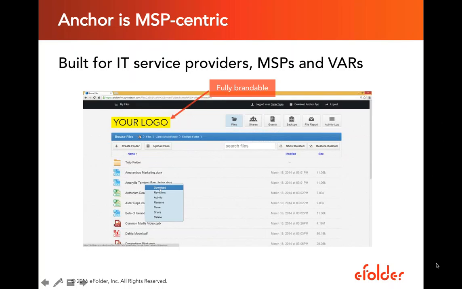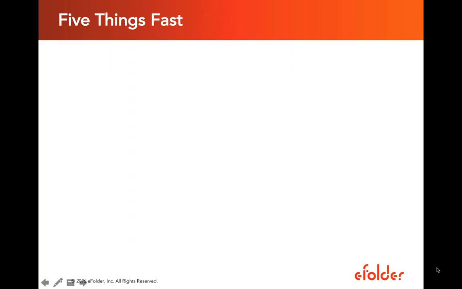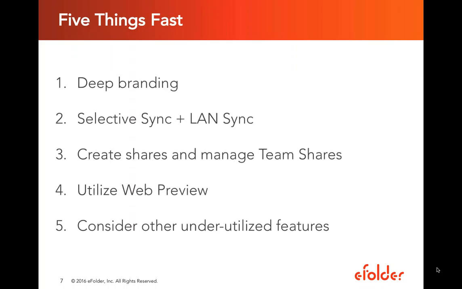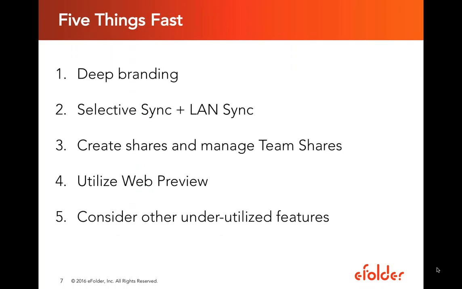Let's go ahead and cover the 5 things fast. Here are the 5 things that we're going to cover in today's webinar. First, we're going to cover how Anchor lets you deeply brand it to make it your own. We're then going to go over Selective Sync and LAN Sync and how those allow you to optimize your file sync deployment to minimize bandwidth usage and really enable your clients to choose how their data is synced.